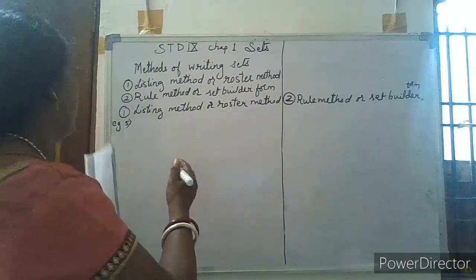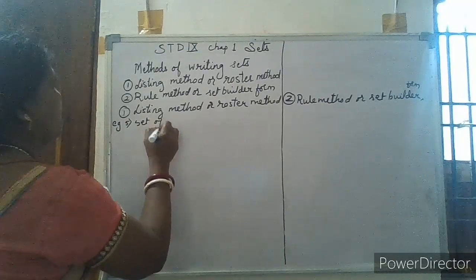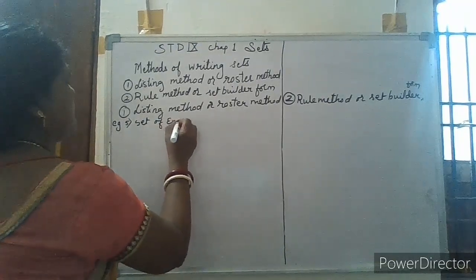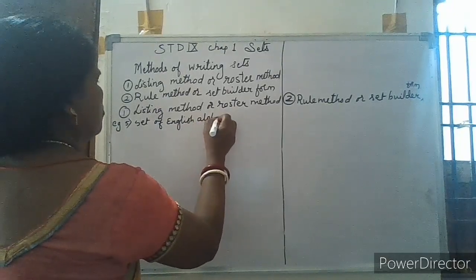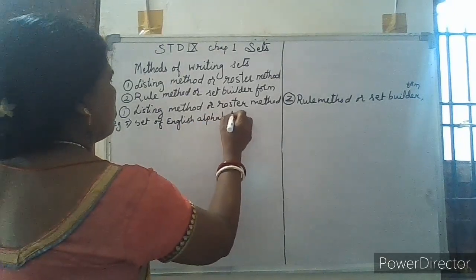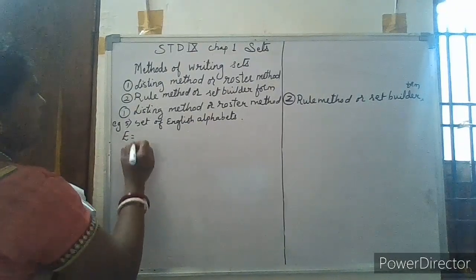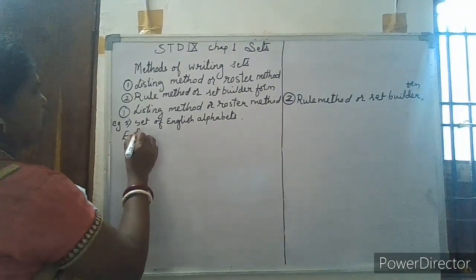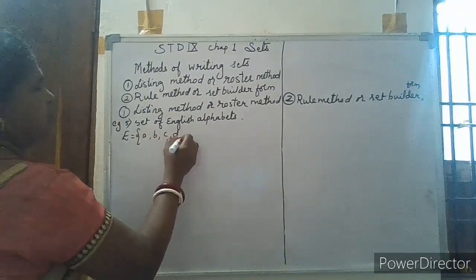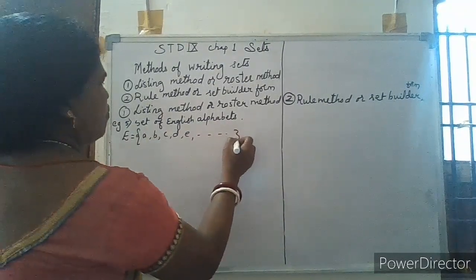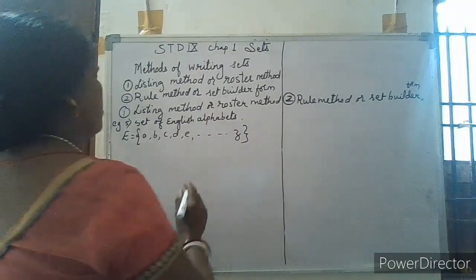Now a few more examples. Example 5, set of English alphabets. Name it as E, suppose. English alphabets A, B, C, D, E and so on, we know up to Z. This is the listing method.